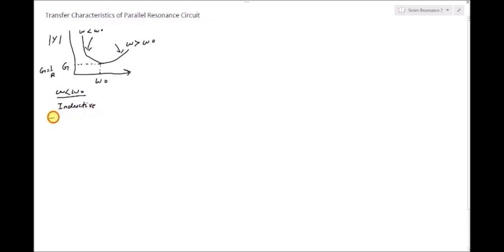For omega less than omega naught, the circuit becomes inductive, or you can say that the admittance is actually dominated by the inductive susceptance.